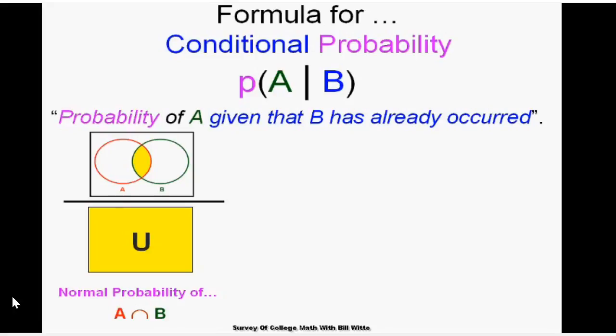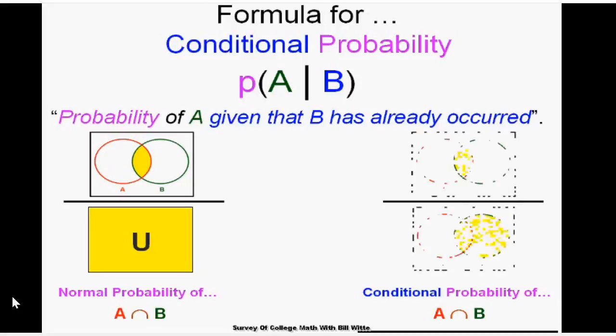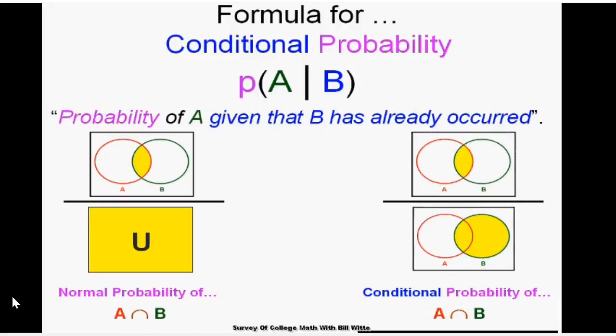But now we know we can limit what happened. With conditional probability, the probability of A intersection B is still going to have the same numerator, okay? That intersection is still going to be in the top, but we know that B happened.